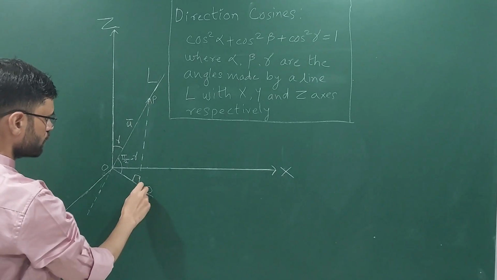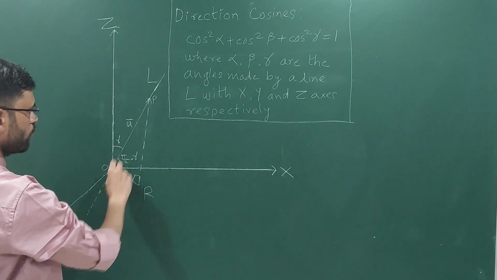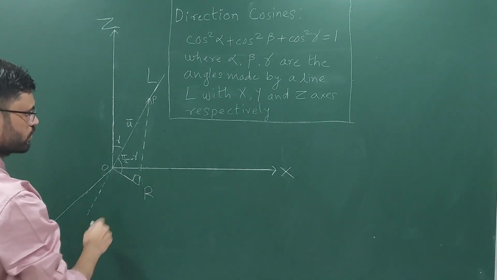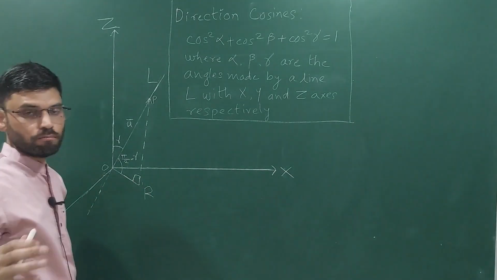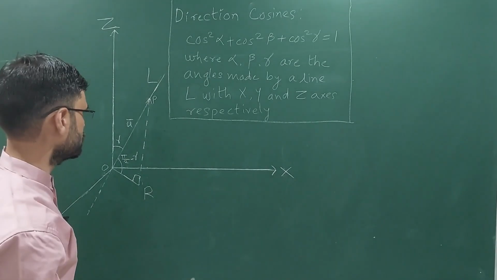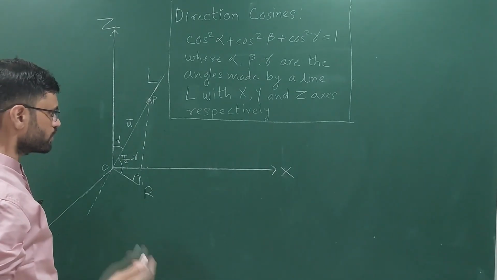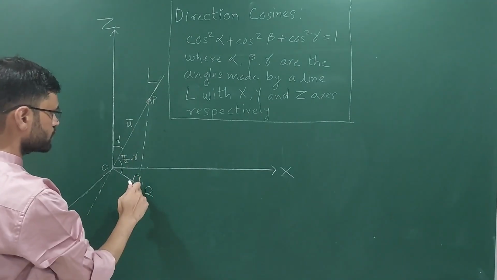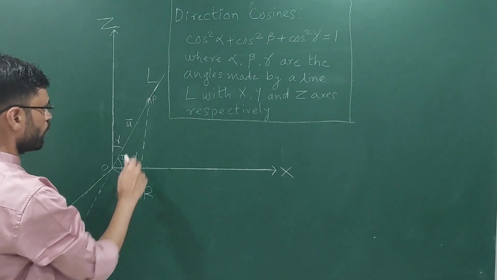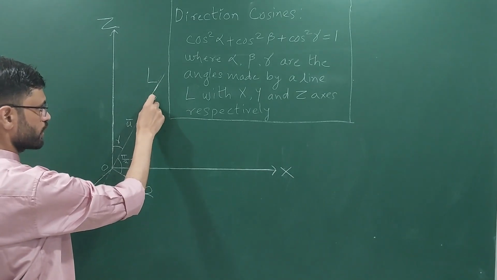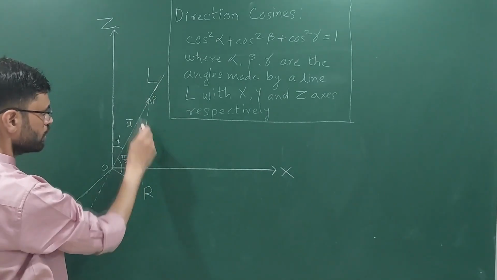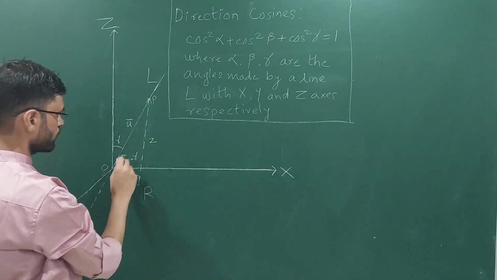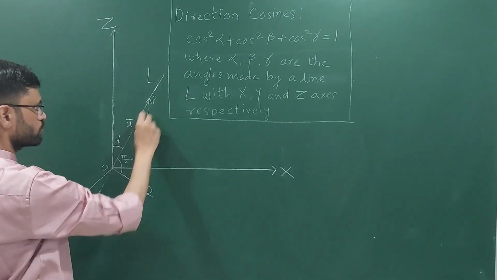So PR is the projection of the unit vector onto the xy plane, and as a result, by definition of the z coordinate of a vector, this PR is the distance of the tip of this vector from the xy plane. So this is the z coordinate of this vector u.